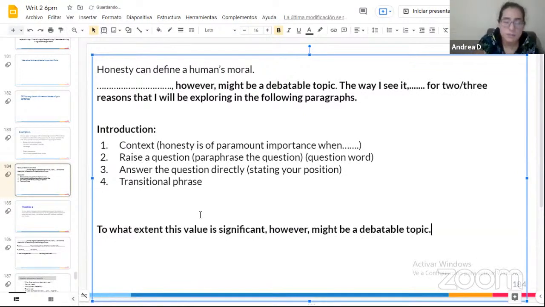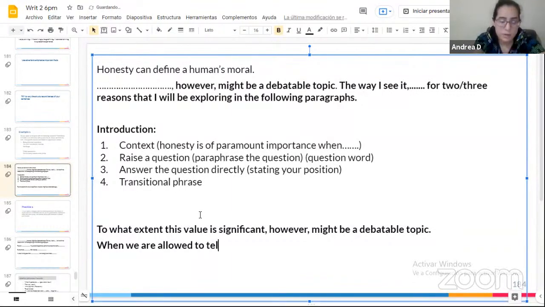Or you could say something like, when we are allowed to tell a lie, however, might be a debatable topic. Or if we are allowed to tell a lie from time to time, however, might be a debatable topic. Or in which occasions we can be dishonest, however, might be a debatable topic.